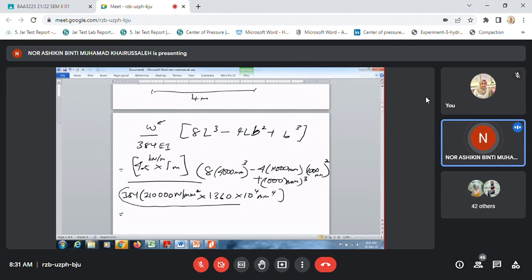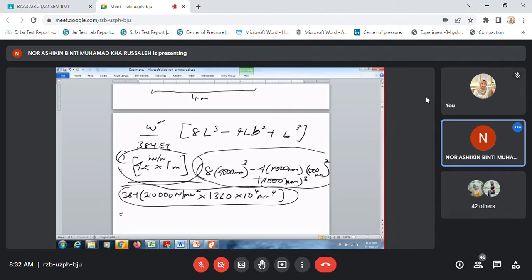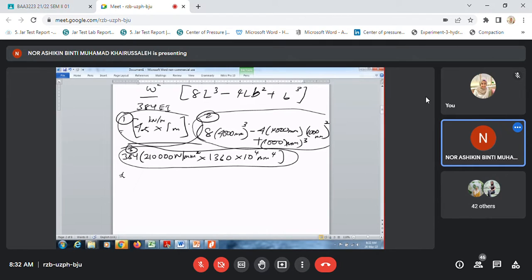Calculate this one first. One is 4.5 kilonewton.